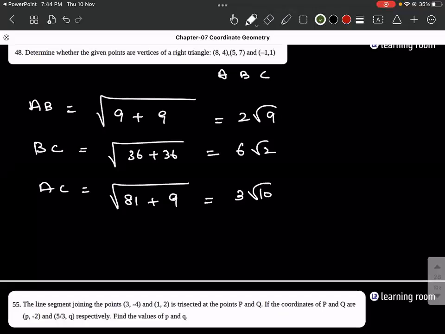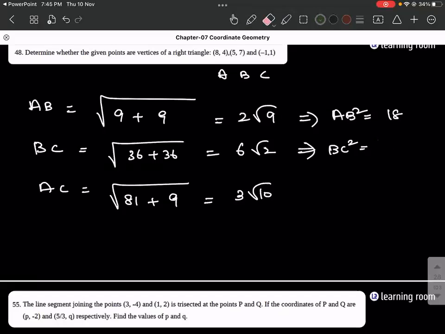Right. So what is AB square? I could have left it as AB square itself. AB square is 18. BC square is 72. And AC square is 90. So you're getting AB square plus BC square is equal to AC square.